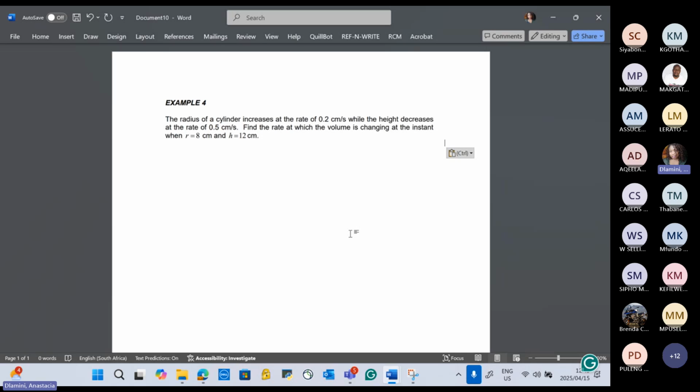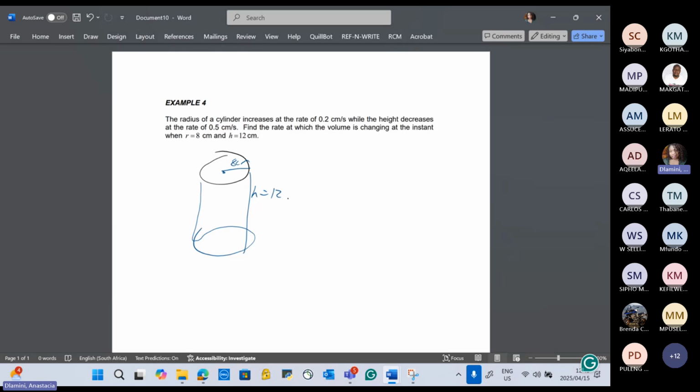Find the rate at which the volume is changing at an instant when R equals and H equals. I'll just draw. So we know the radius is 8 centimeters. H is equal to 12 centimeters.